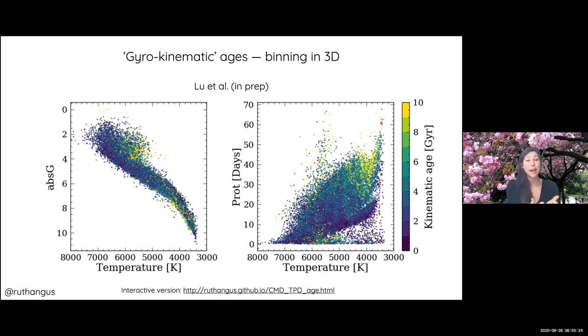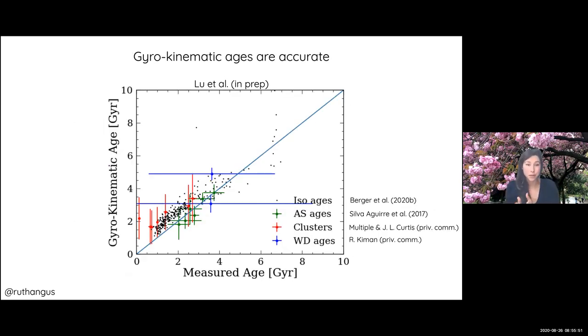And the way that we calculate gyrokinematic ages for those stars is that we say you have an astroseismic star that has an age from astroseismology, and it also has a measured rotation period. You can place it on this diagram and calculate a velocity dispersion for all the stars nearby in this diagram. And in that way you can get a gyrokinematic age for anything with a rotation period. And here are the results of doing that.